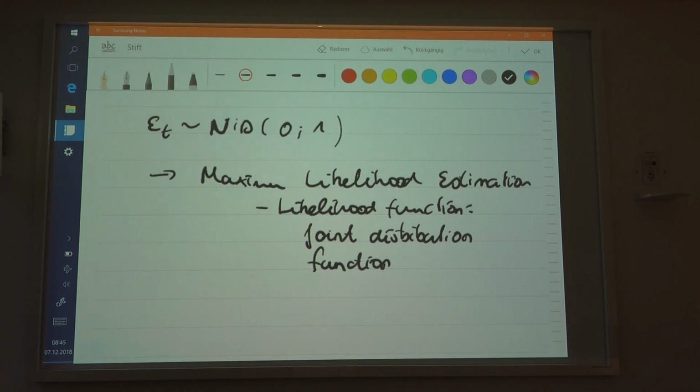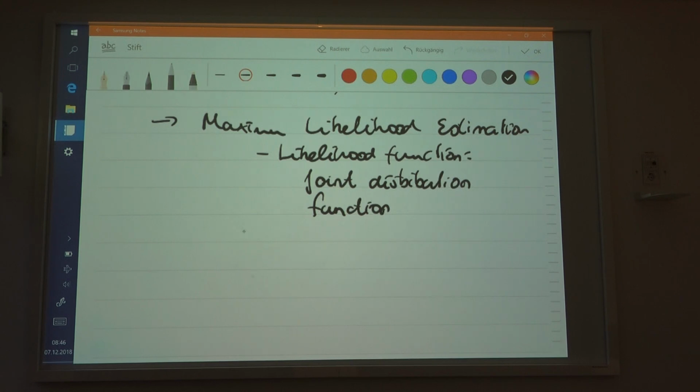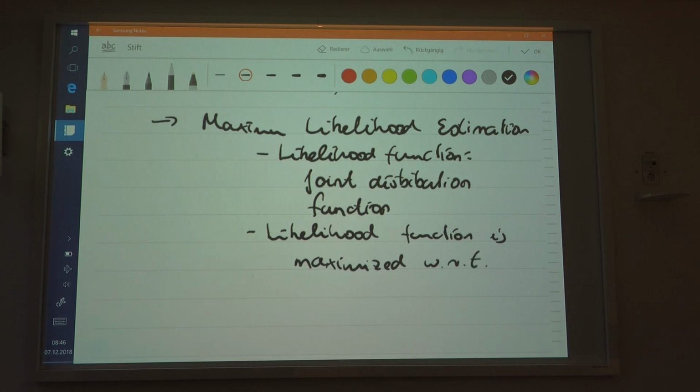So the joint distribution function is set up, and the parameters of the process are estimated in such a way that the likelihood function is maximized with respect to the process parameters.